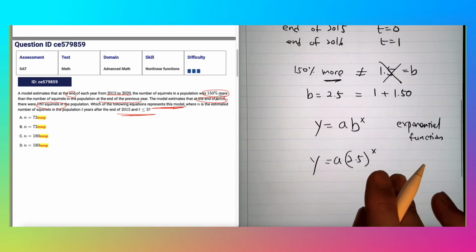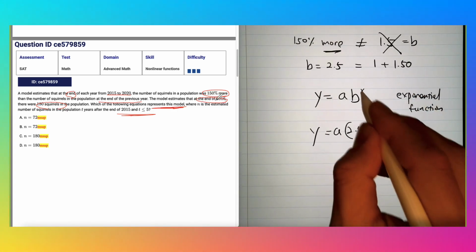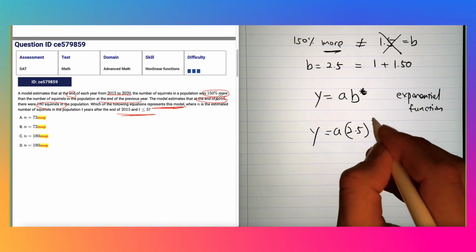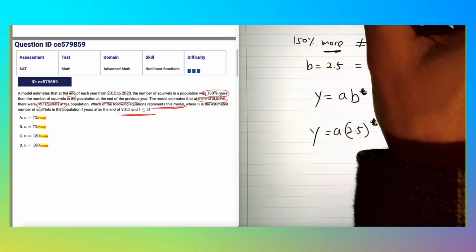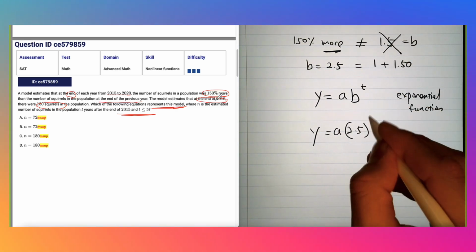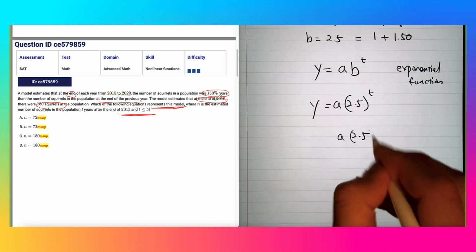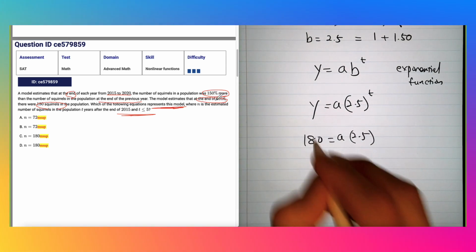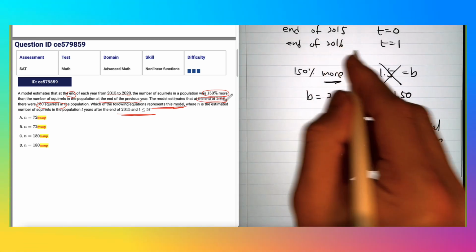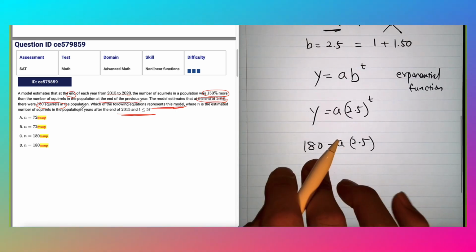And they give you that when t equals 1, so let's say t instead of x here. When t equals 1, it's just 2.5, and the population is 180, because at the end of 2016, mark t equals 1, and the population was 180 in 2016.